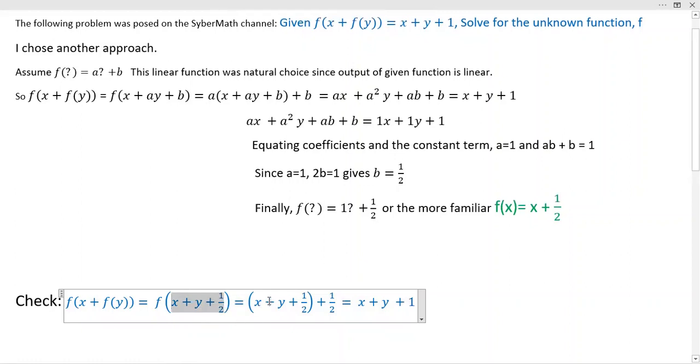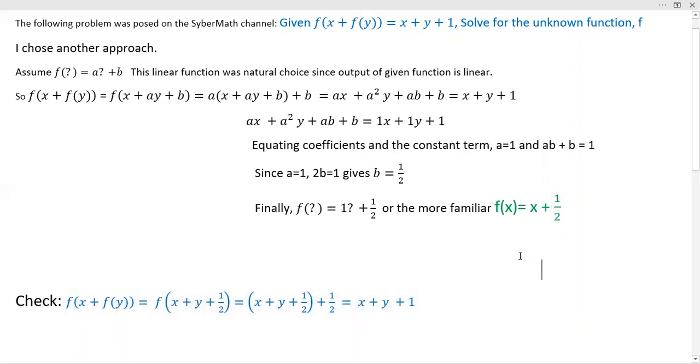So x plus y plus 1/2 belongs right there. And again, we're talking about this x right here getting replaced by x plus y plus 1/2. Now, the rest of it's pretty self-evident. So it does check: f at x plus f at y is equal to x plus y plus 1 for this choice of function.